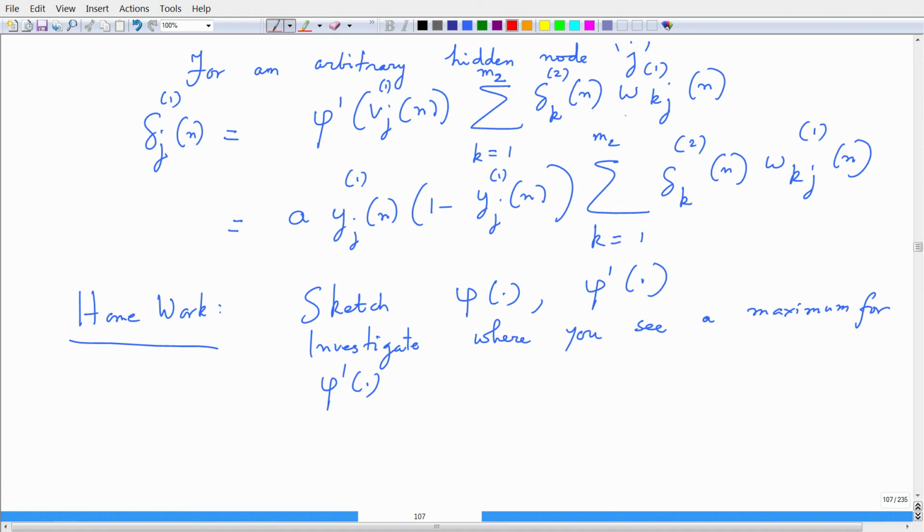The scaling is through the synaptic weights Wkj that connect the output neurons k with this hidden node j, right. This is straightforward.